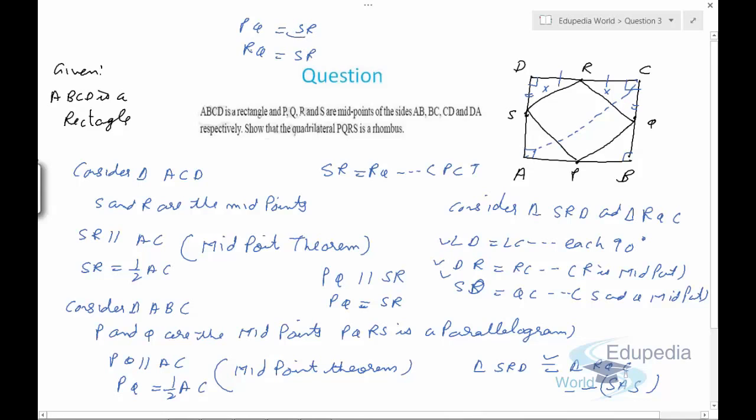Since we have proved SR equals RQ, PQ equals SR equals RQ equals SP. So we can say that PQRS is a rhombus. This is how we can prove these types of questions.